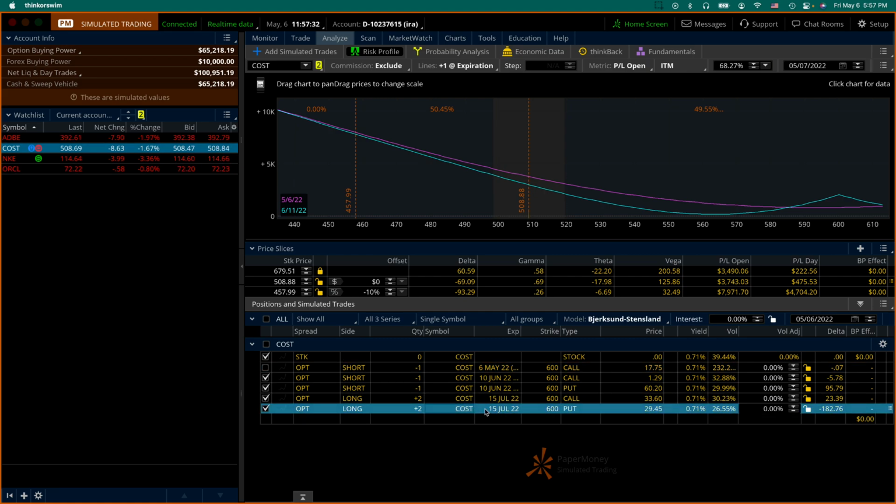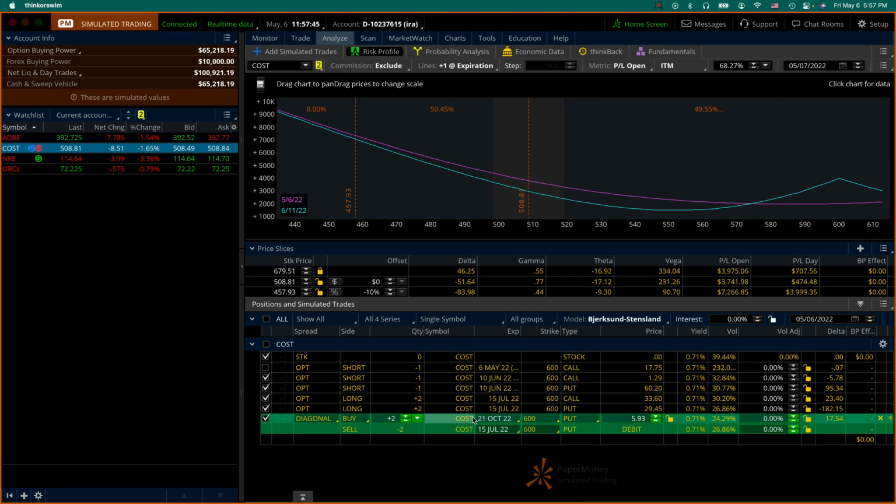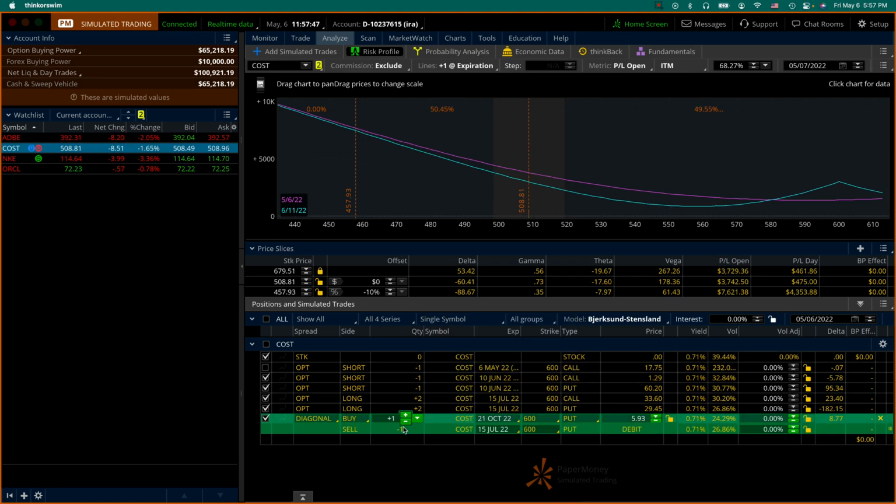Right here, the July put, you can roll one of them, the outstanding put, roll it down. Analyze rolling. I'm going to demonstrate how to do that. First of all, we're going to roll only one, which means we're going to close the July 22nd 600 put. It's a 90 point difference between 600 and the 510 that Costco is at right now.